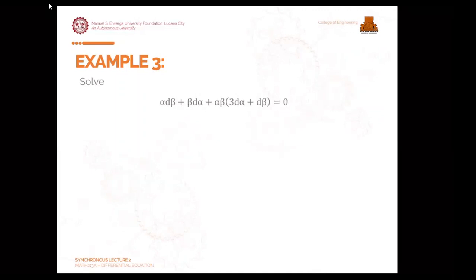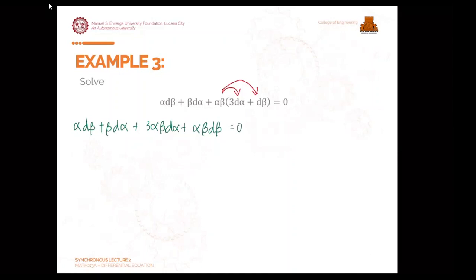So magandang gawin itong may parenthesis yung third term, i-distribute natin. No? So we have alpha d beta plus beta d alpha plus 3 alpha beta d alpha plus alpha beta d beta is equals to 0.